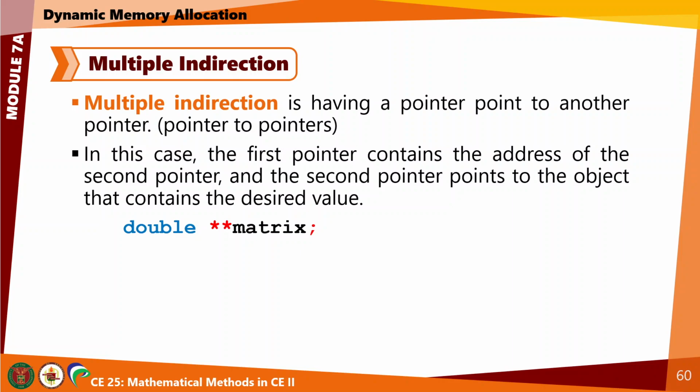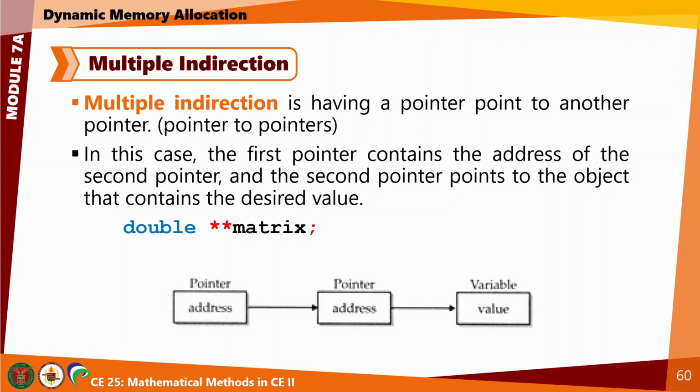So, let's say we have this declaration, double asterisk asterisk matrix. So, that's our syntax. So, basically, you have a pointer, okay? Tapos, that pointer points to a pointer, certain address, and then yung pointer na yan points to a certain variable. Okay?